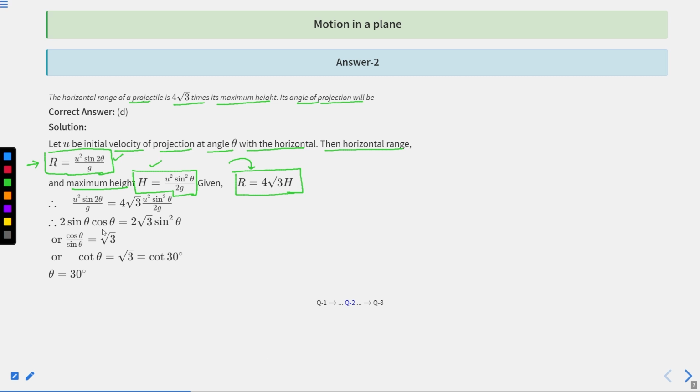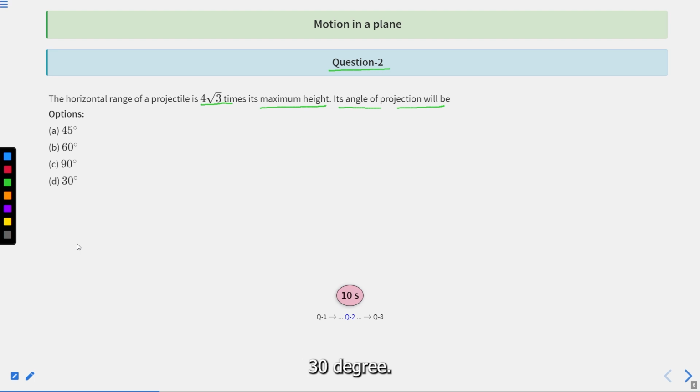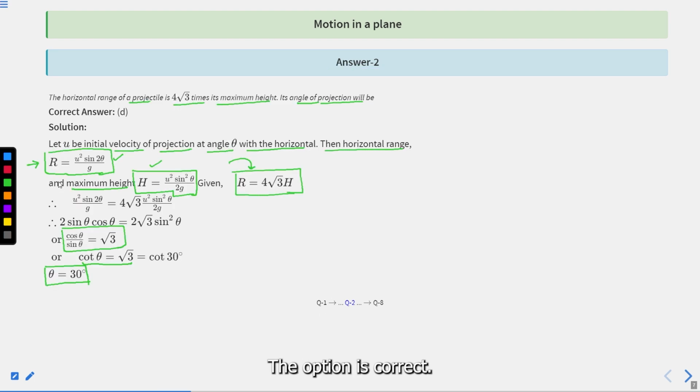Equating these terms, cos theta upon sine theta is equal to root 3, and cos theta upon sine theta is equal to cot theta, which is equal to root 3. Clear? So theta is 30 degree. Clear? So the answer is 30 degree, D option is correct. This is the solution. Next question, third question.